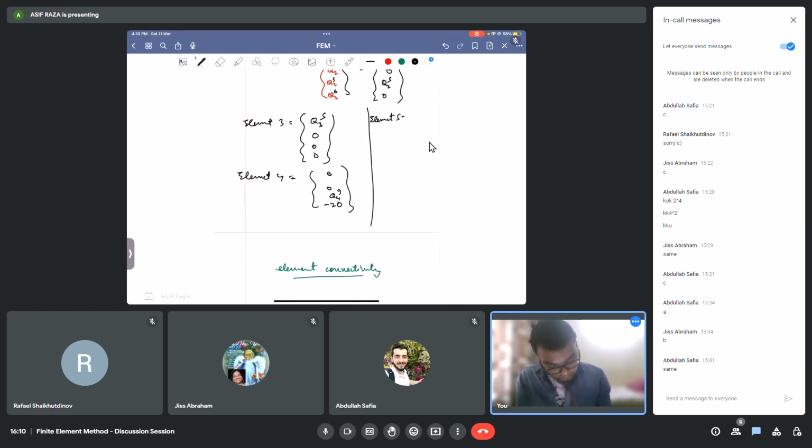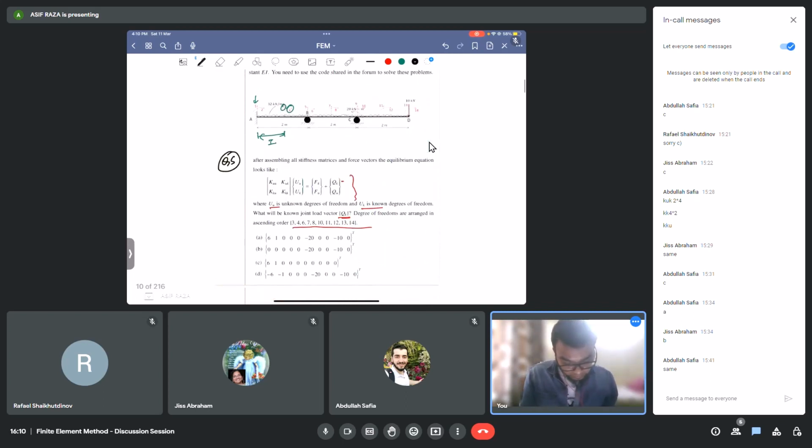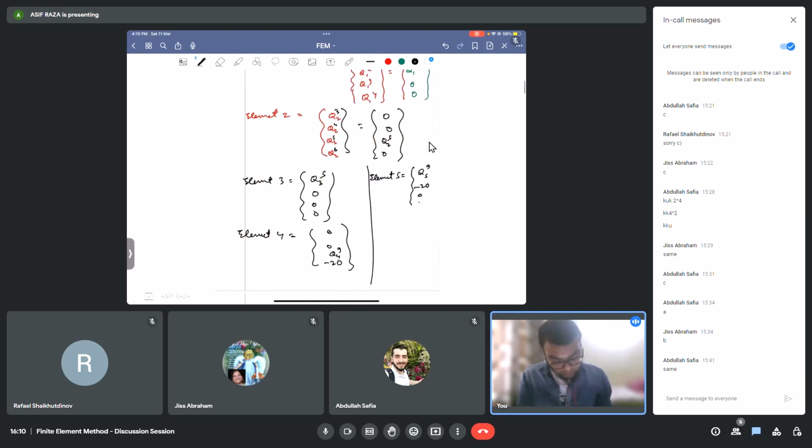Element 5, this will be q59 minus 20, then this will be 0. Element 6, or rather I'll write it here as q410, q510.